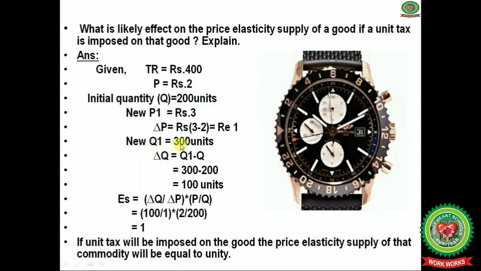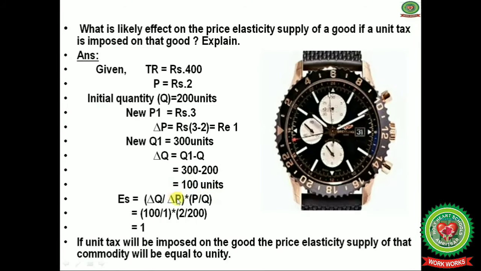Now the new quantity is equal to 300 units and delta Q is equal to Q1 minus Q, 300 minus 200, the initial quantity at price rupees 2. We will get delta Q equal to 100 units.